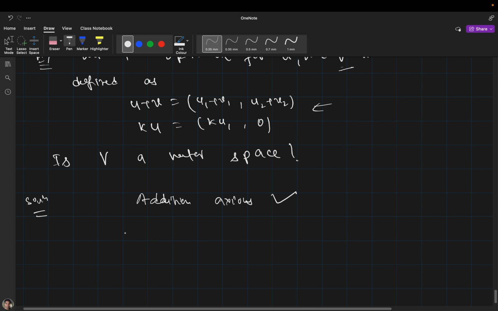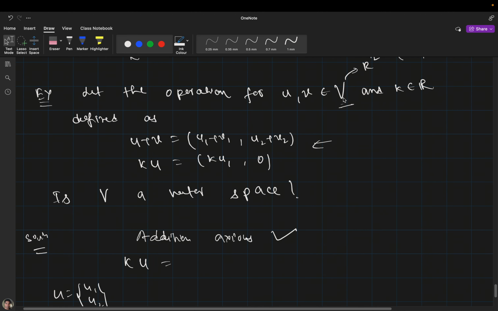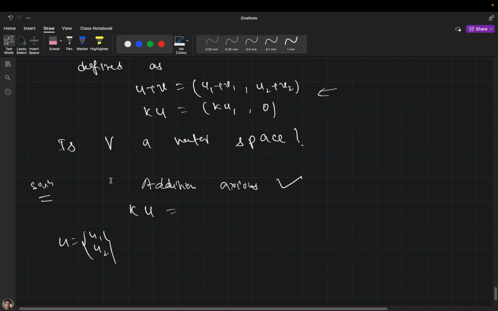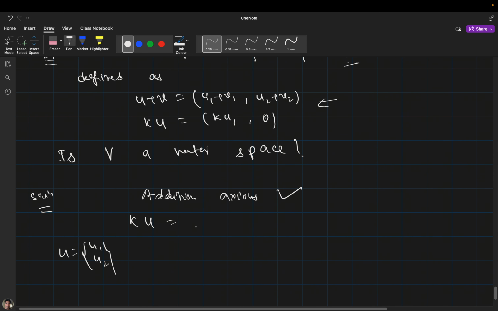Suppose u is something like u1 and u2, because V is the R2 space, so I will have two elements, u1 and u2. Now it is saying that if you multiply u with k, you will get k u1 comma 0.